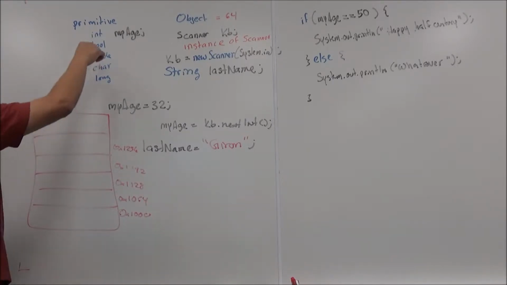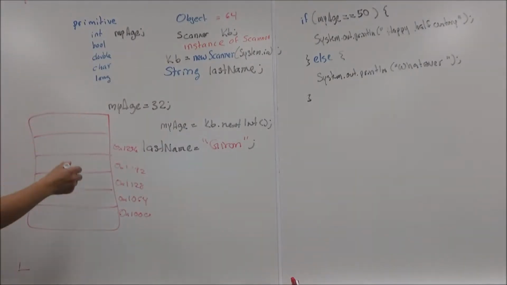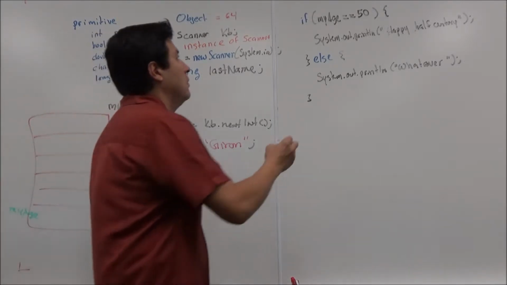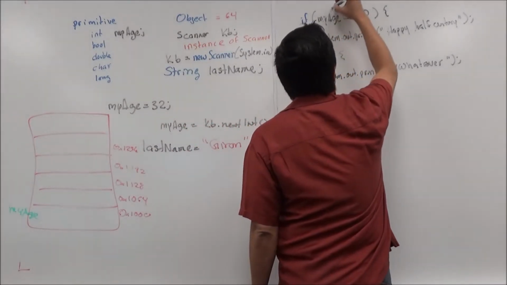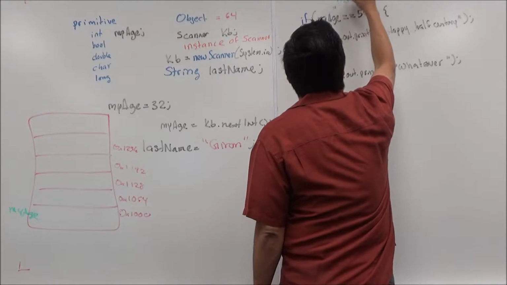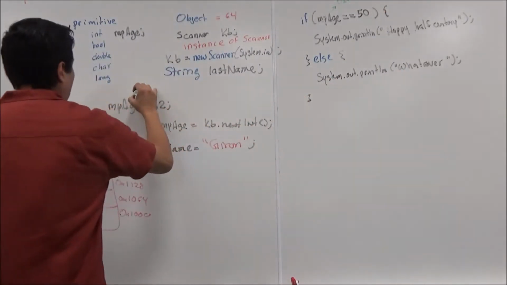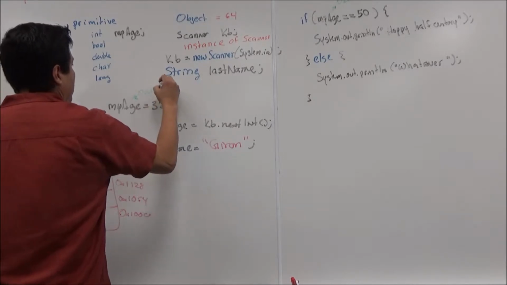When I declare the variable my age, the system is going to say, oh, here's my age, and every time it sees the name of the variable, it replaces it with the address.